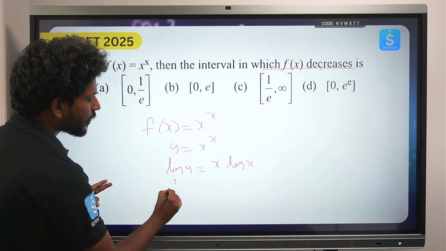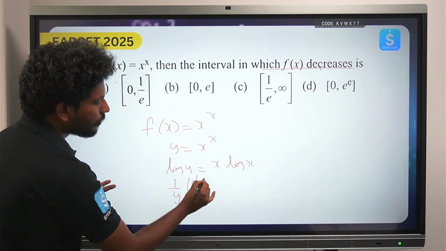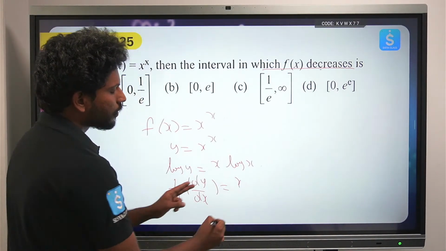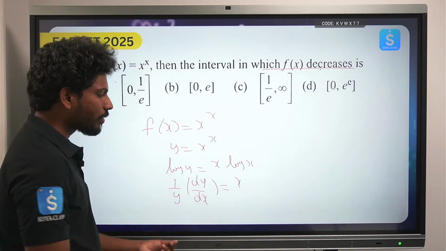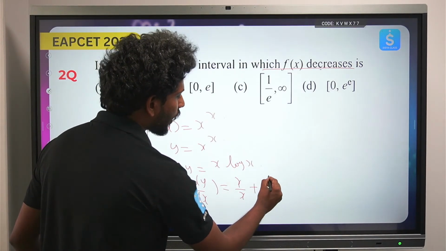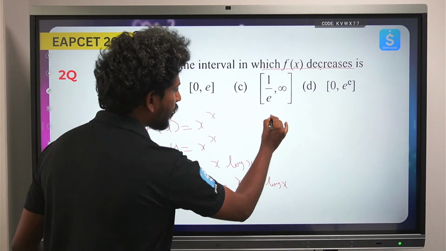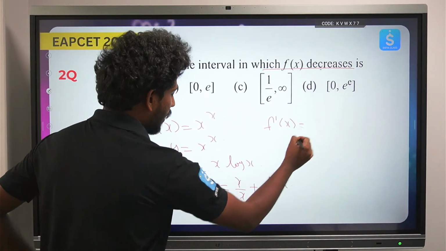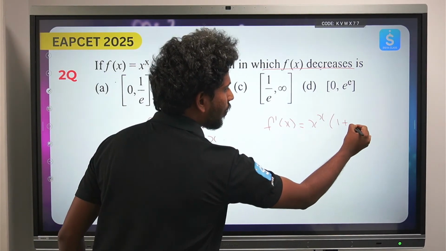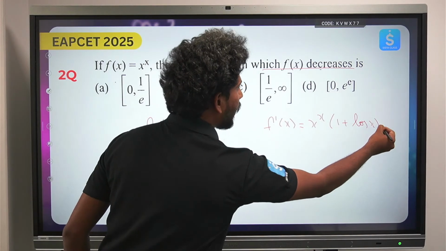Now you try to differentiate: 1 by y into dy by dx is equal to, apply the UV rule. U into the differentiation of log x will be 1 by x plus, again this will become log x. So f dash of x is nothing but, if you take y to that side, it will become x to the power x into 1 plus log x. So this is the direct thing.